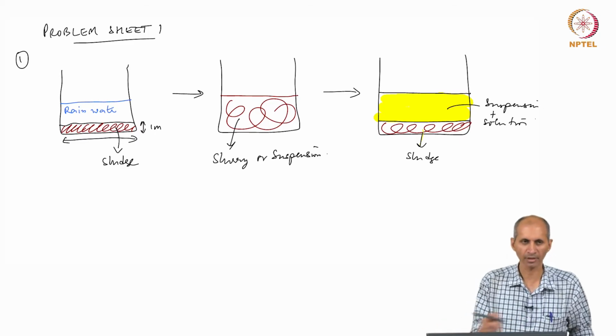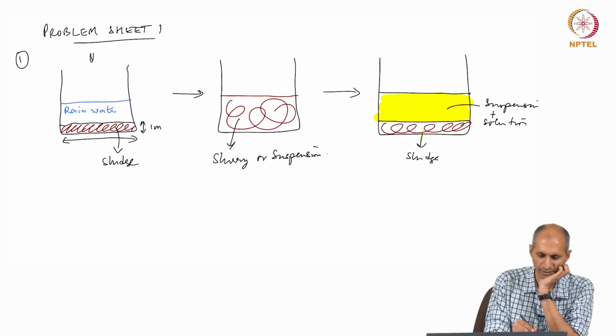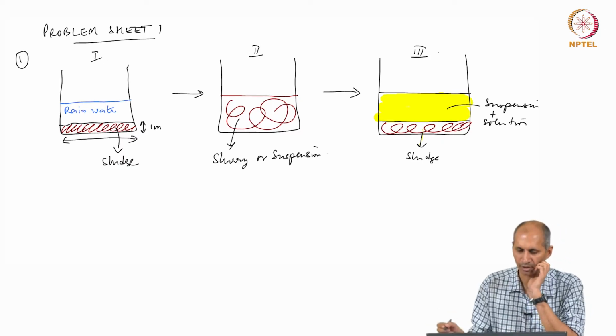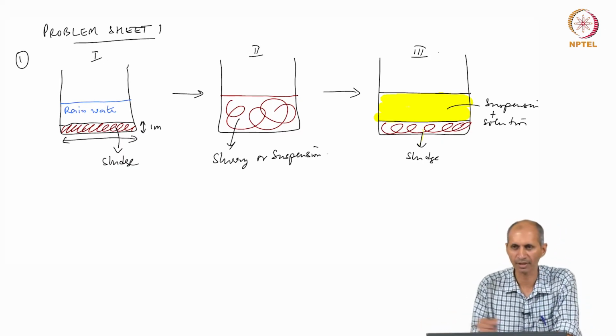Let us call these stage 1, stage 2 and stage 3. In these 3 stages, this is what is described in the problem. What has happened in these 3 cases?